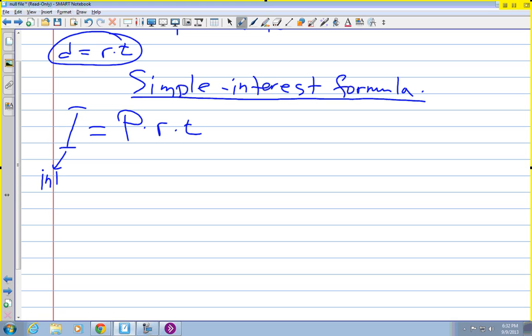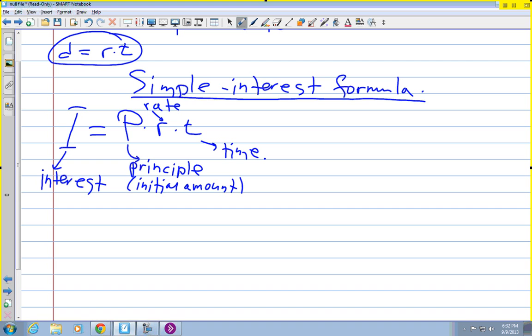So interest equals principal times rate times time. The principal is the initial amount, r is the rate, and t is the time. Now, when you plug everything into the formula, you have to make sure that the measure of rate matches the measure of time.